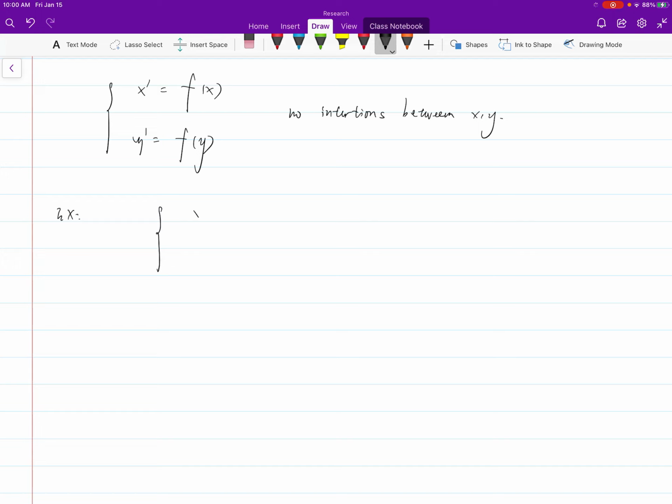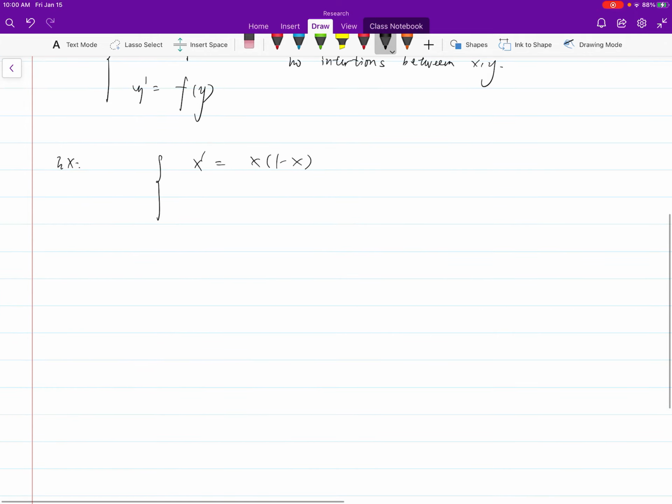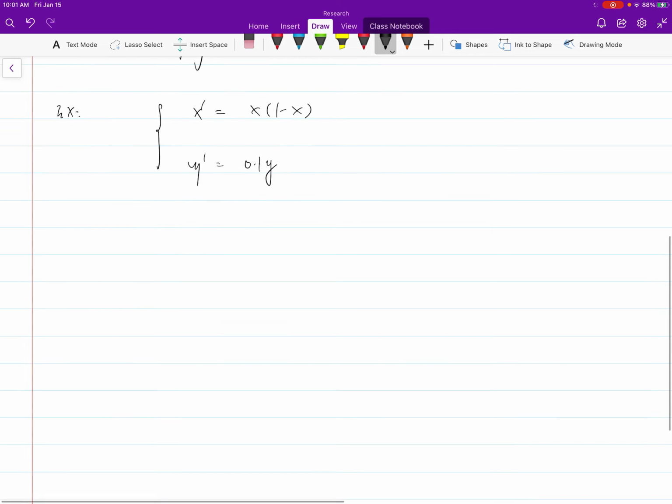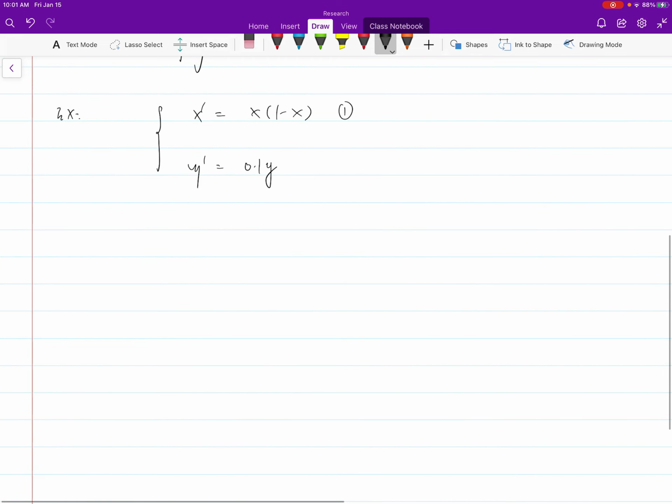A typical example is x prime equals x times (1 minus x). So you have a logistic. For y prime, you will have something like 0.1y. From here, you can see putting them together really is the same as just solving 1 and 2 separately.